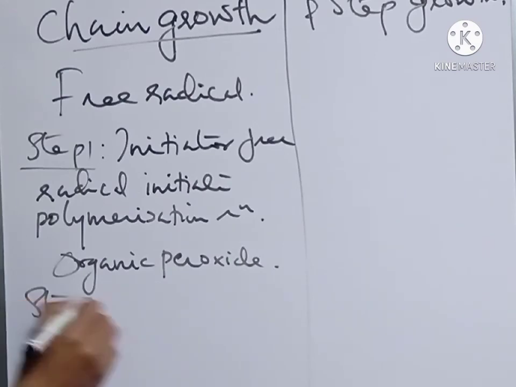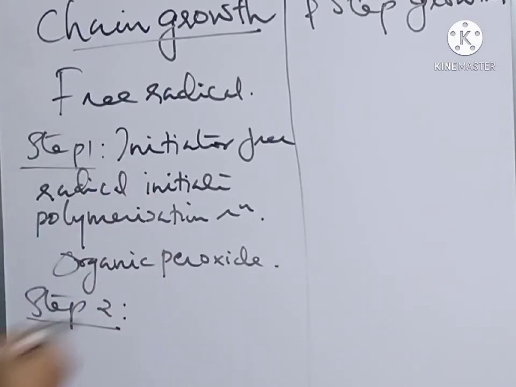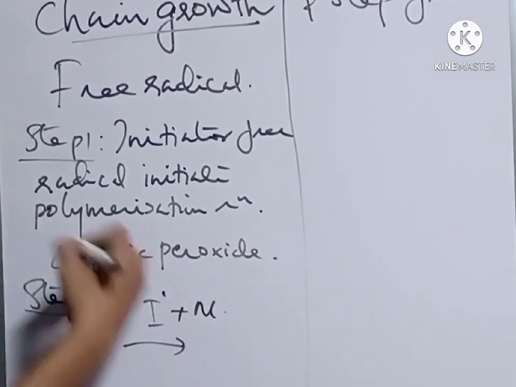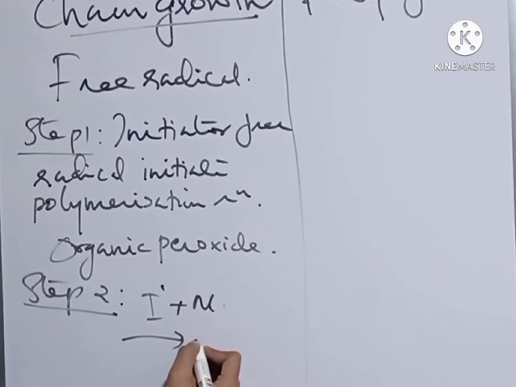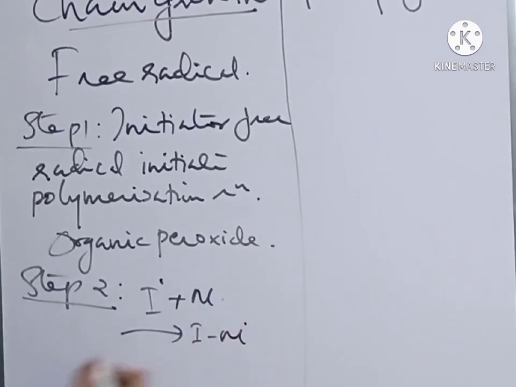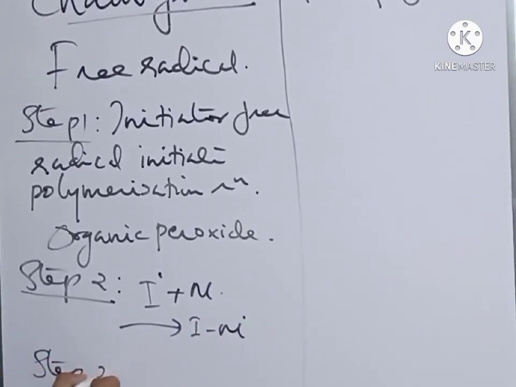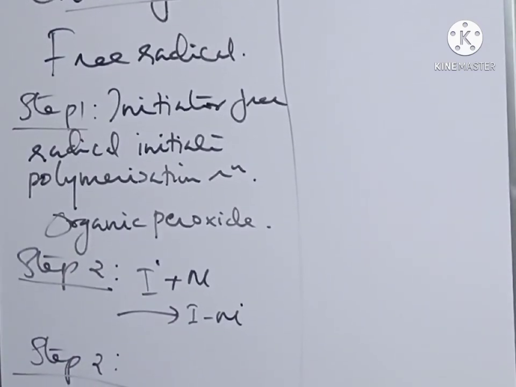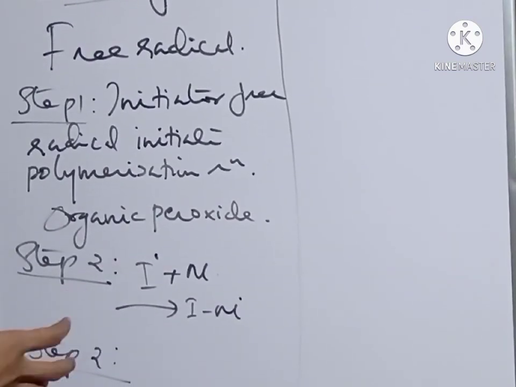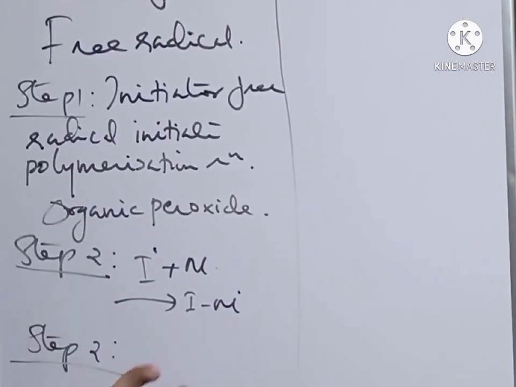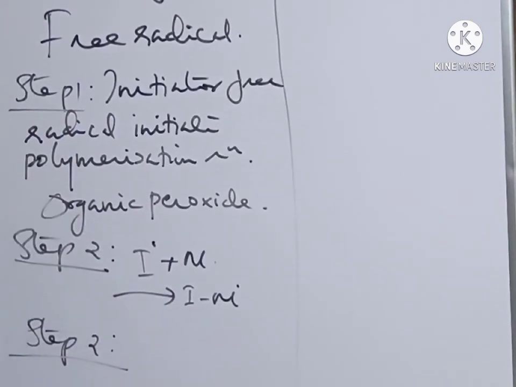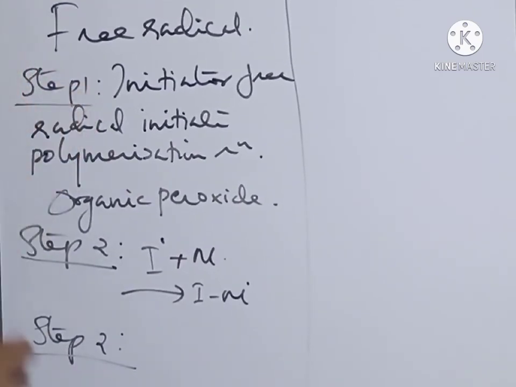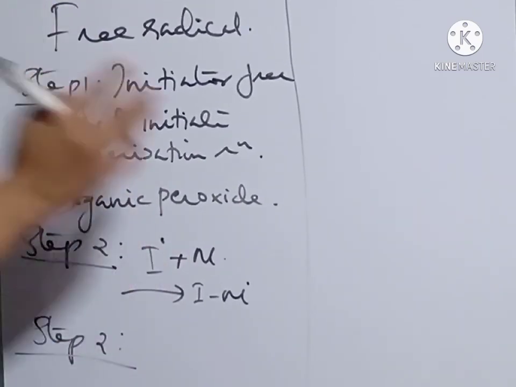Then in the second step, this initiator combines with the monomer unit and forms a new radical species. In the third step, this polymerization continues, and finally it combines with another free radical molecule, and the process terminates. The mechanism will be discussed later. Polymers formed here are known as chain growth polymers.